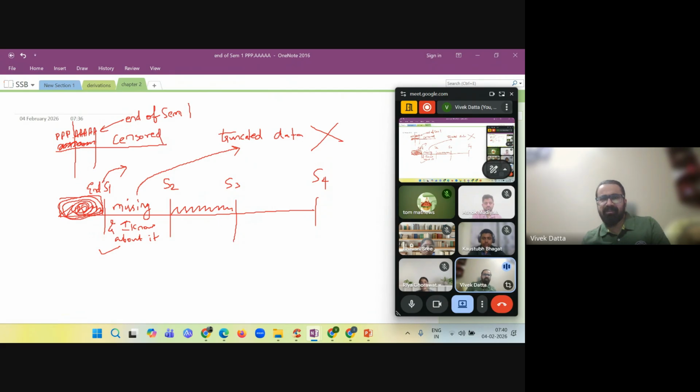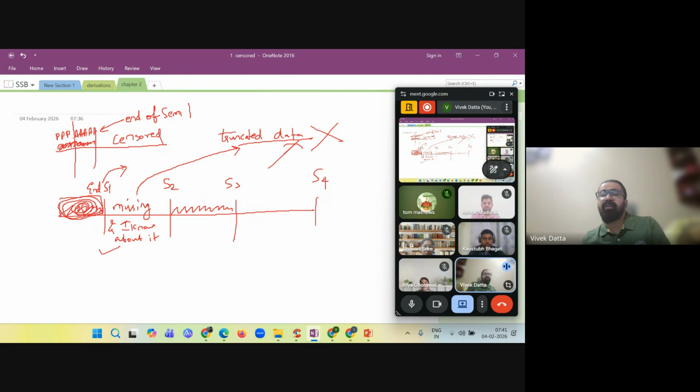Or if it is a valid certificate and he ended up paying fees, if he's not well, so he enrolled for Sem 2 also, but he was not well and the full semester is missing, and he's not formally withdrawn, then that isn't truncated data. That is not even censored data. Why?